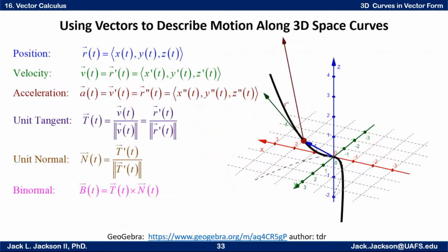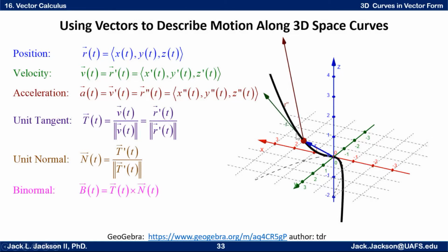Okay, so let's take a look at this. So here's an example of a curve, and we'll go over what the formula is of this, and I'll show you some different views of it. But I have the position vector going from the origin to a point on the curve. I have the velocity vector, which is a tangent vector going along here.